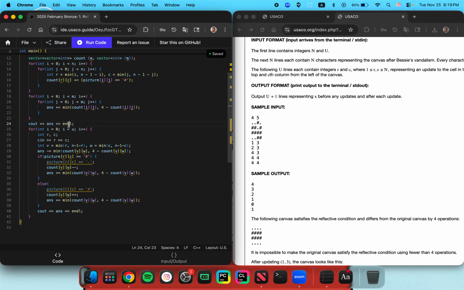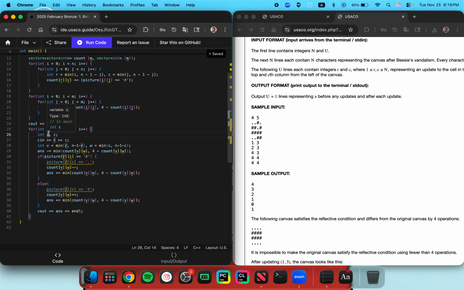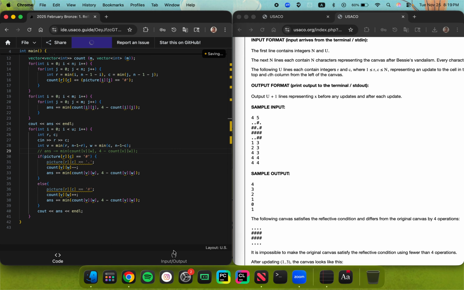V W. Why doesn't it even work, bro? Okay. So 4 is coming through. This is correct. You input it in. V is equal to minimum of r and n minus 1 minus r, W is n minus 1 minus c. Should be correct. Answer is equal to minimum of count V W and 4 minus count. This one.